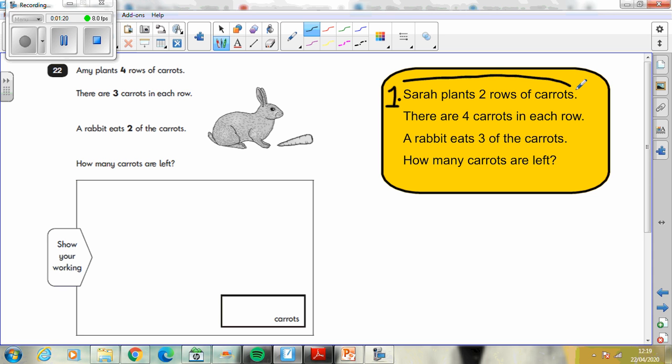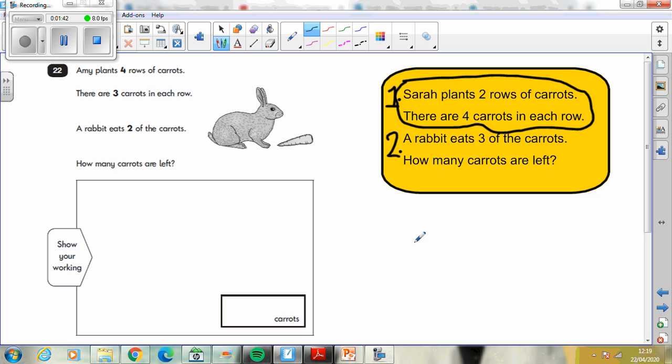So this information here is step 1. And then the next thing that happens is the rabbit comes along and eats 3 of the carrots. So this part here is going to be step 2.